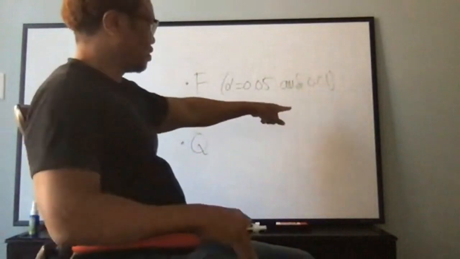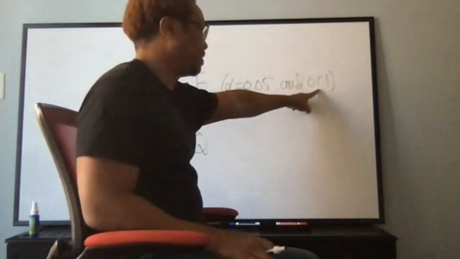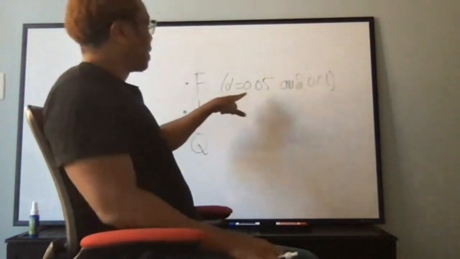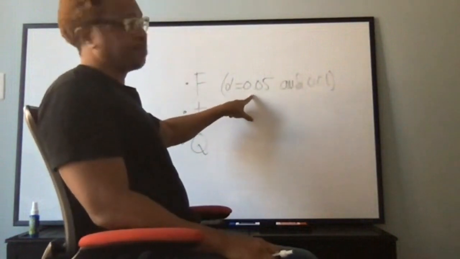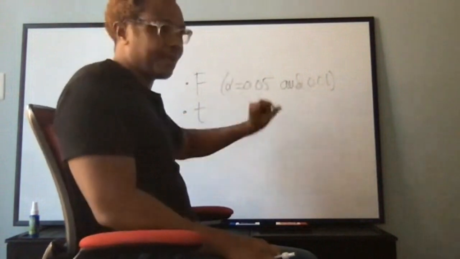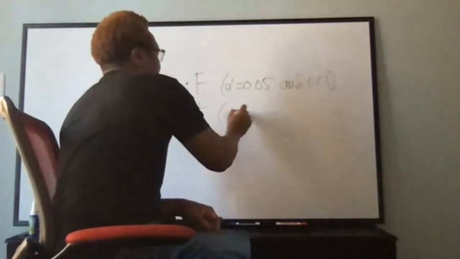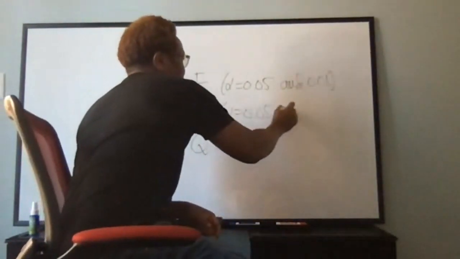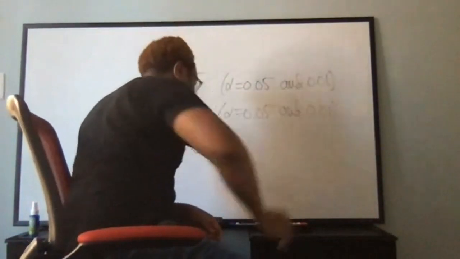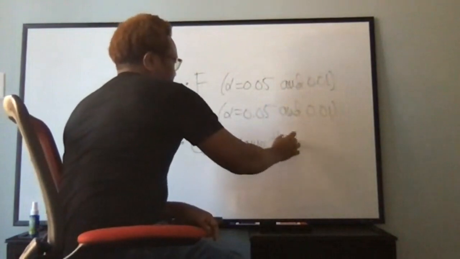On the exam 2 that I just gave, most of the questions asked about 0.01. So don't automatically assume that I'm just going to be asking about 0.05. The difference is just turning the paper over. Just make sure you're looking at the right side of the paper. Same thing here, 0.05 and 0.01, and the same thing here, okay?